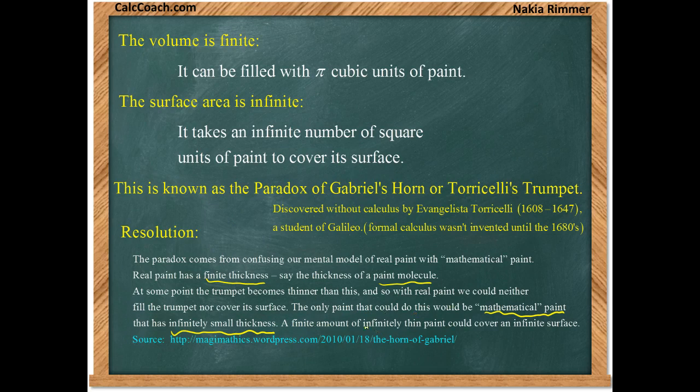Although it's infinitely thin, we can paint over this infinite surface. And there's a nice source there if you want to check it out. A nice blog on that. So anyway, it's called Gabriel's Horn, and it's a paradox where we have a finite volume of pi, but an infinite surface area. Great.